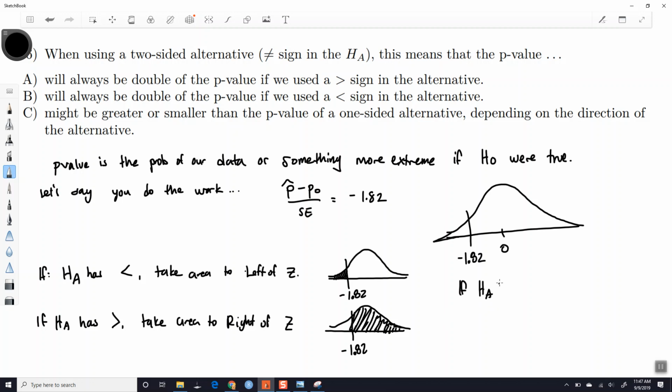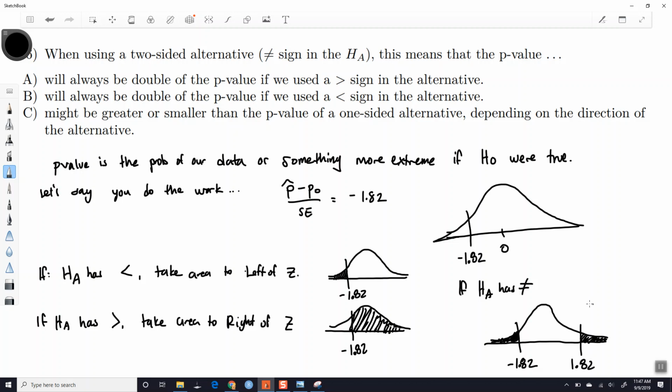And if the alternative has a not equal sign, then you're going to go to the left of Z and to the right of the opposite sign. So you're going to take this and take this, okay?